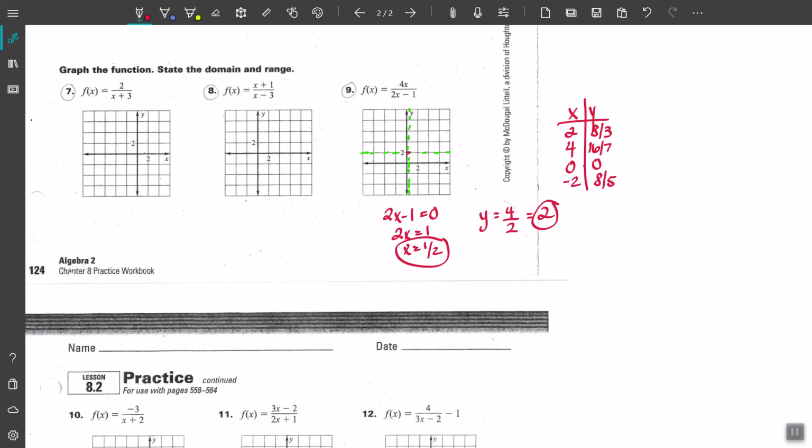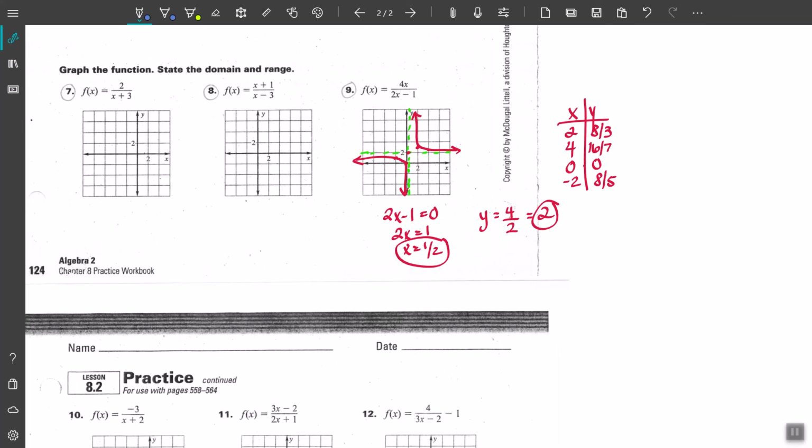All right, plugging those in here and here on this side, and then connecting those while staying within the bounds of the asymptotes, and then 0, 0. And we'll do the same thing over here.